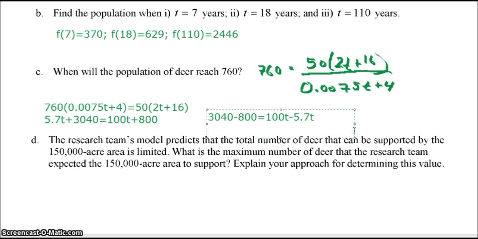Simplifying each side here, we get 2240 equals 94.3t. Divide by 94.3. And that tells us that t equals 2240 divided by 94.3.